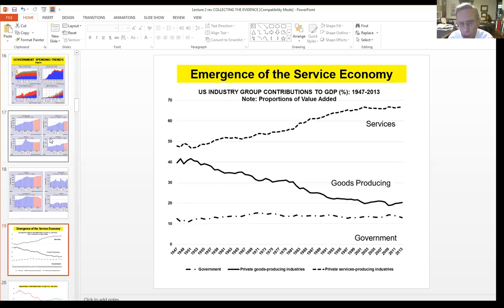Now, why am I showing this to you? First of all, it tells you that growth industries in the United States are more likely to be providing services than manufactured product. There's some optimism in the manufacturing industries today due to the more sophisticated technologies that we have. 3D printing, for instance, may make it possible to produce products without much labor at all.